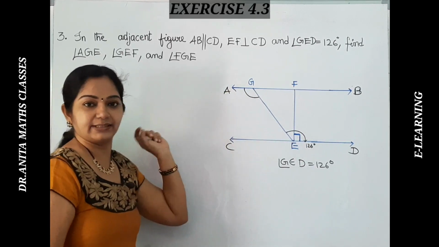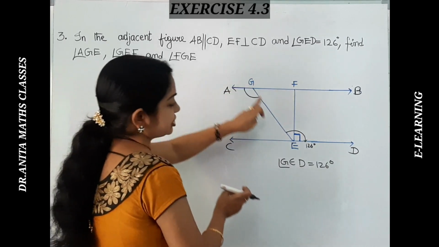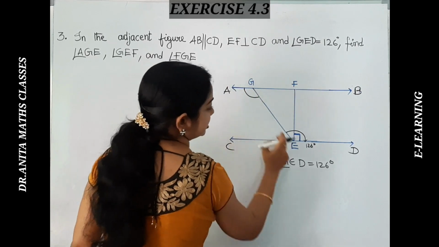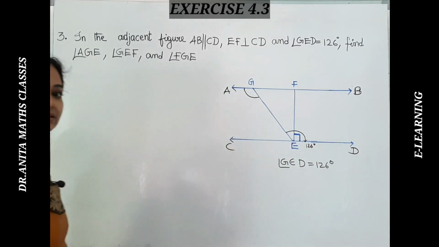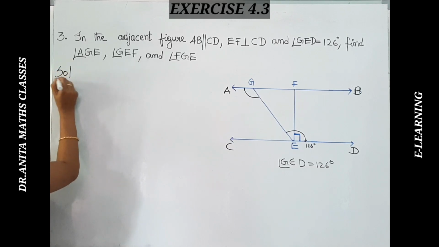Angle AGE and angle GED are interior alternate angles. So interior alternate angles are always equal.